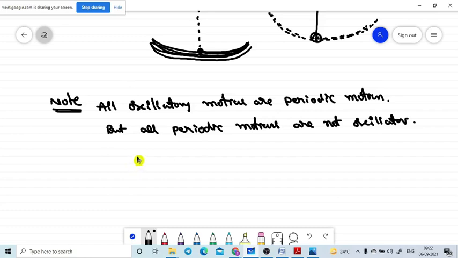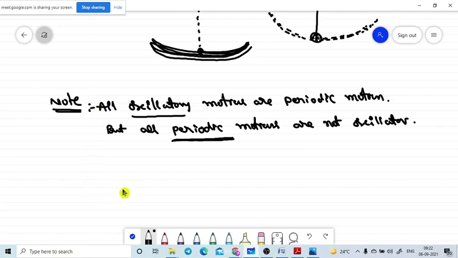In oscillatory motion, from its mean position the body goes forward and comes back to the same position. But in periodic motion, that condition is not there. It should only pass the same path in equal intervals of time. That is periodic motion. That is very important.